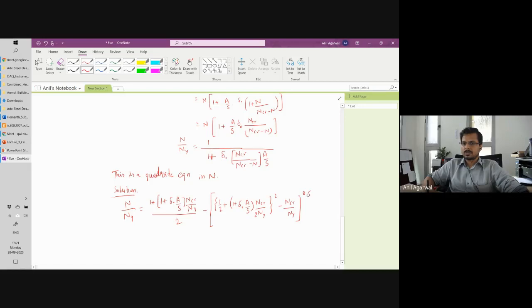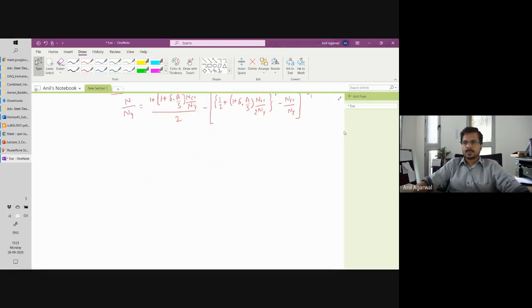This is nothing but the solution of a quadratic equation, minus b plus or minus the square root, the same thing.